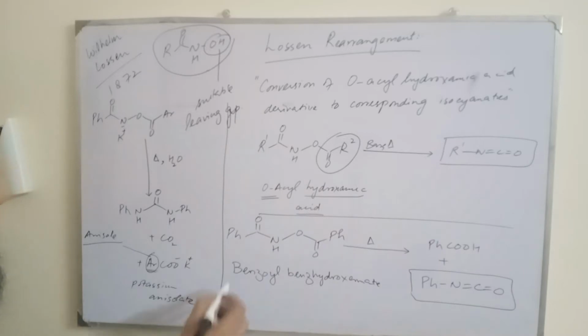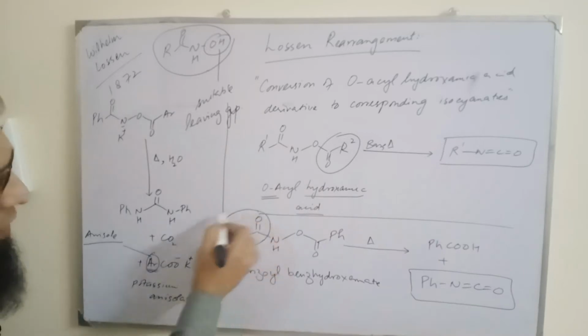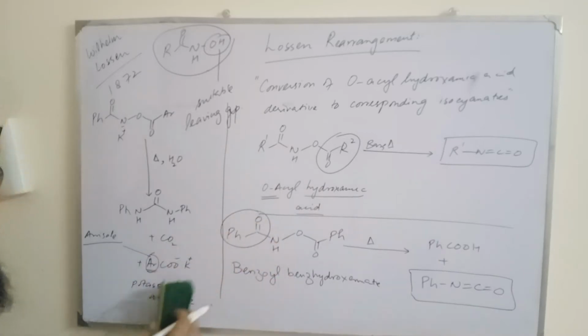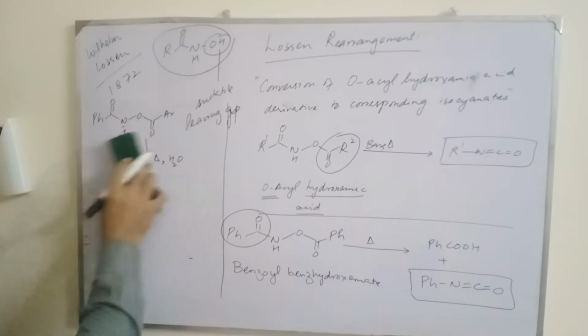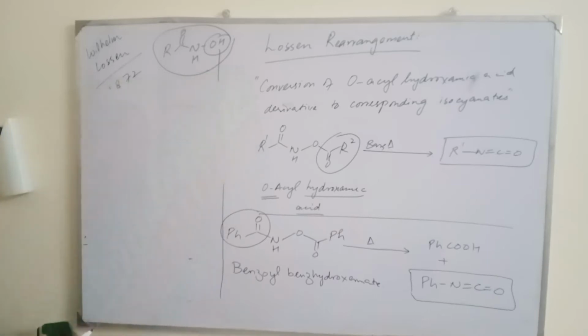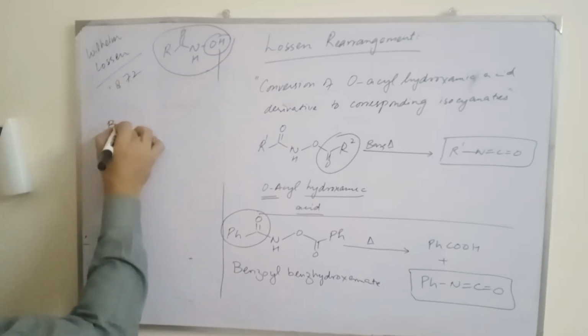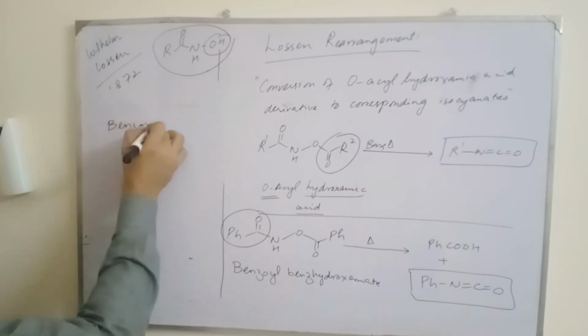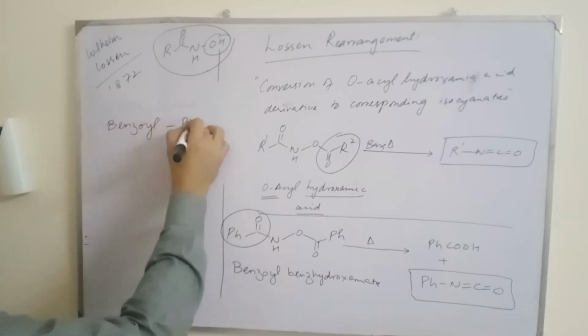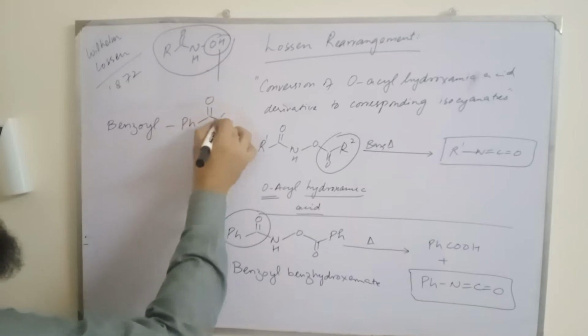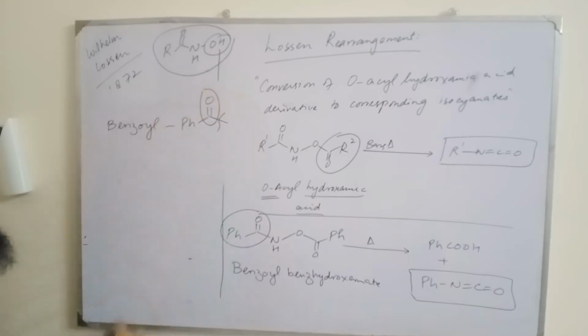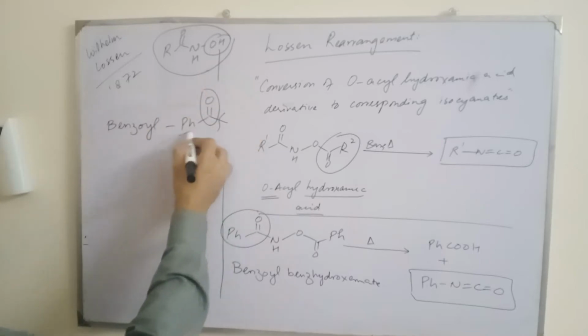Furthermore, this group is called the benzoyl group. So we should be able to differentiate between benzyl and benzoyl. Benzoyl is a phenyl group attached to a carbonyl group. This together is called benzoyl.